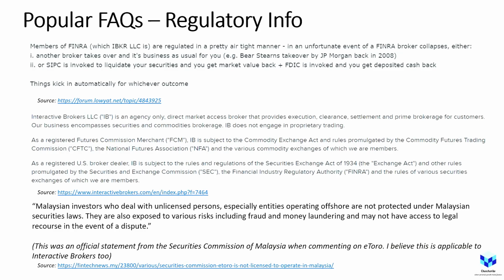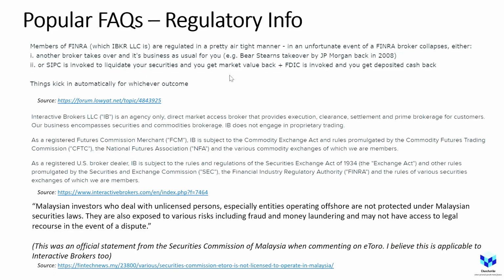And so there are rules with regards to regulation in the US. If you look over here, if they do become bankrupt, another broker takes over. It's business as usual. So as an example, Bear Stearns being taken over by JP Morgan. Or SIPC, I think it's another financial authority, is invoked to liquidate your securities with IB to get back the market value.